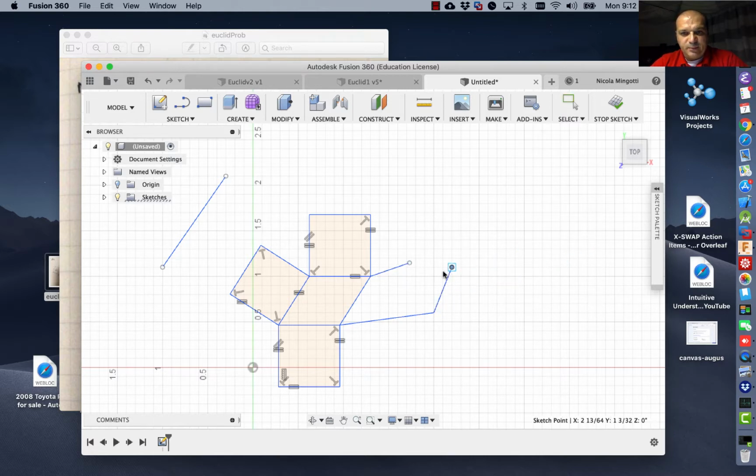That's why I put each line independently in the free space with apparently no constraint, and then I build the constraints one by one.